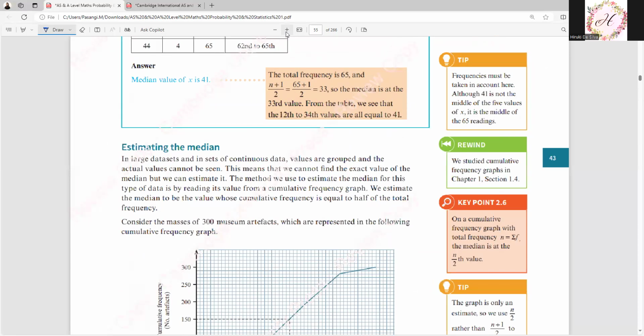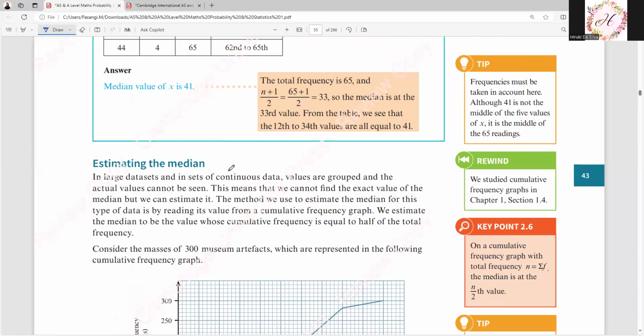So we cannot find the exact value of the median, but we can estimate it. The method we use is by reading its value from a cumulative frequency graph. We estimate the median to be the value whose cumulative frequency is equal to half of the total frequency.